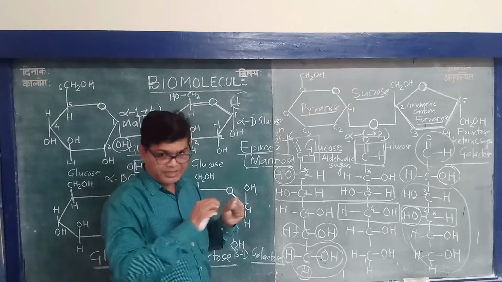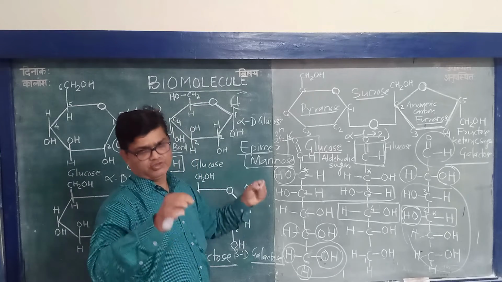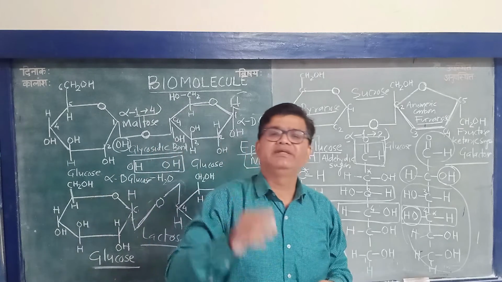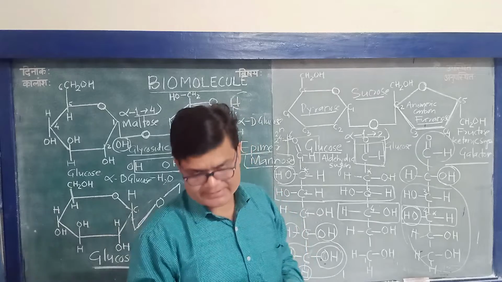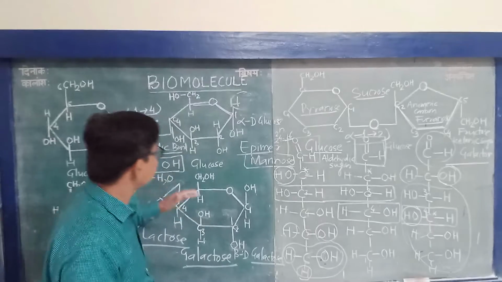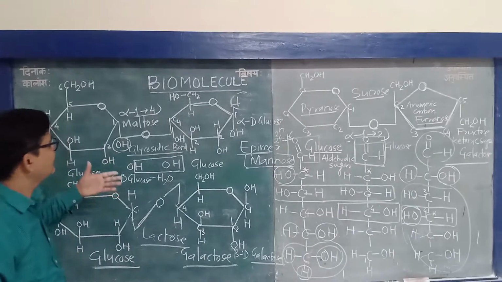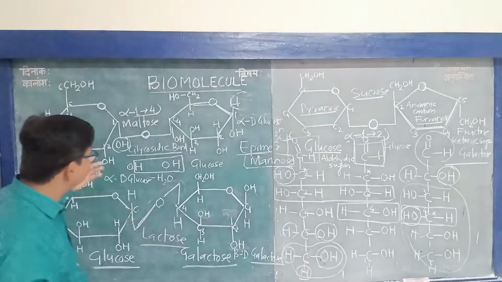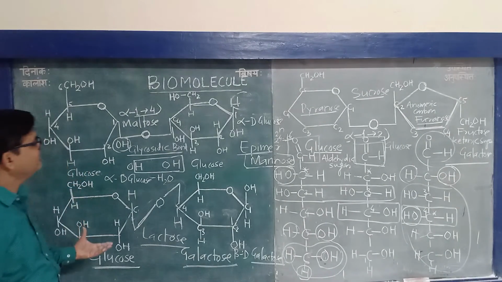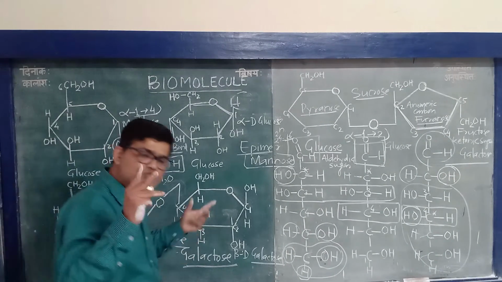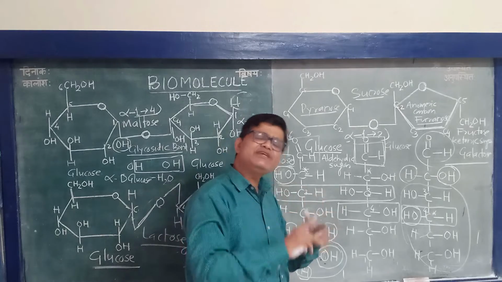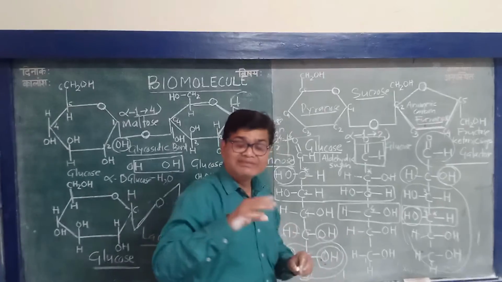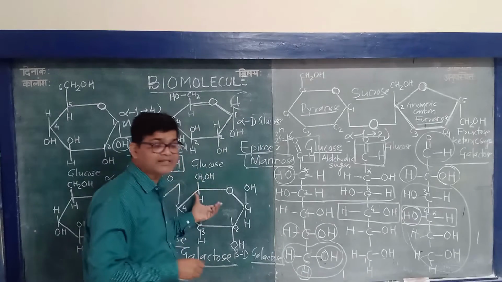But if there is a chain of glucose joined together by a chemical bond, that is a glycosidic bond, then it is a polysaccharide. So try to understand why it is known as poly, meaning monomeric units are joined in a chain, why it is mono, meaning a single unit is present, and why it is di, meaning 2 units of monosaccharides. Any two monosaccharides joined together by a glycosidic bond are known as a disaccharide.